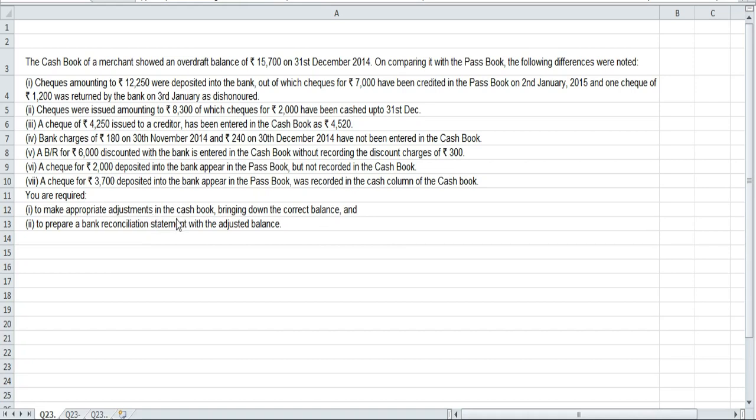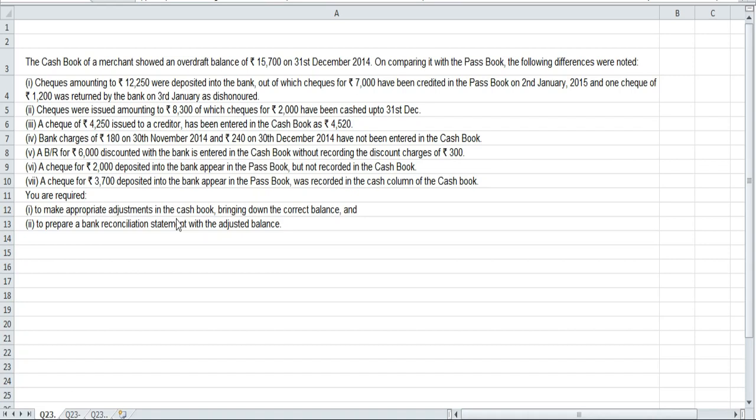Now why is the adjusted cash book prepared? So that we are able to correct the errors, or any miscellaneous error that is done in the bank, not in the cash book, in the bank.